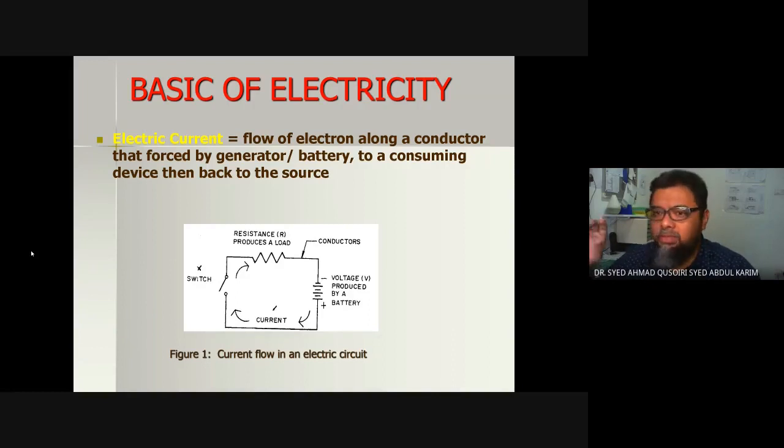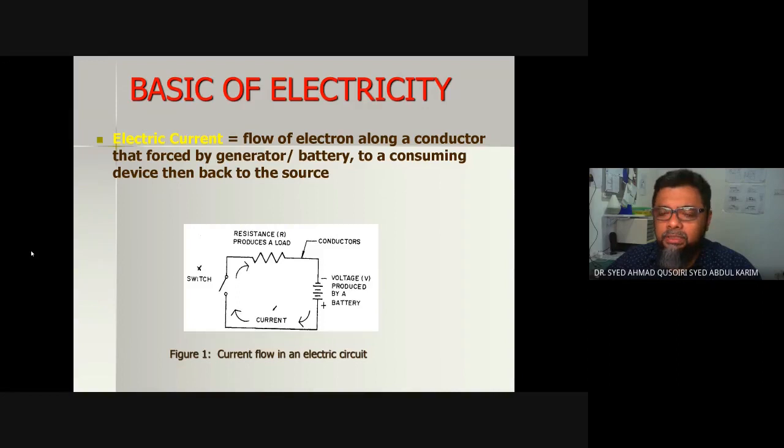The electron must go to this load before it returns back to the source, meaning the generator itself. So with these four components, we have a complete loop of electrical current.